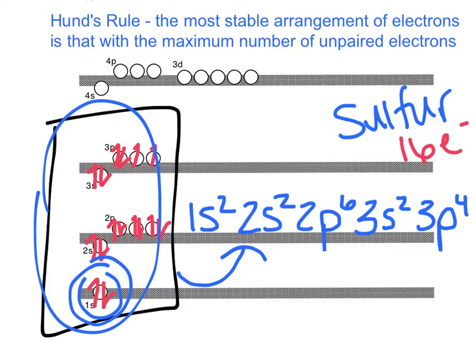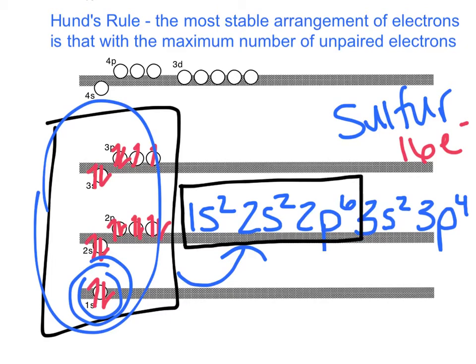The rule is, to do this, find the closest noble gas to sulfur that it has already passed. I didn't word that very well, but let me tell you what I mean. The closest noble gas to sulfur that it already surpassed is neon. So this is the equivalent of neon's electron configuration.